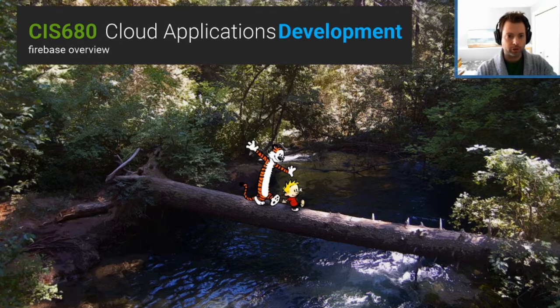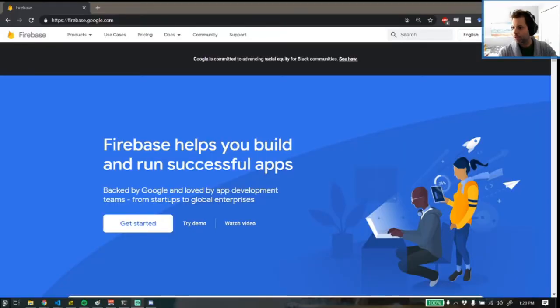Now, one thing which you are going to notice is that Firebase and Google Cloud have a kind of a partnership type of relationship here where we can use Google Cloud's technologies in Firebase. We can use Firebase's technologies in Google Cloud, but they're at least currently two separate entities.